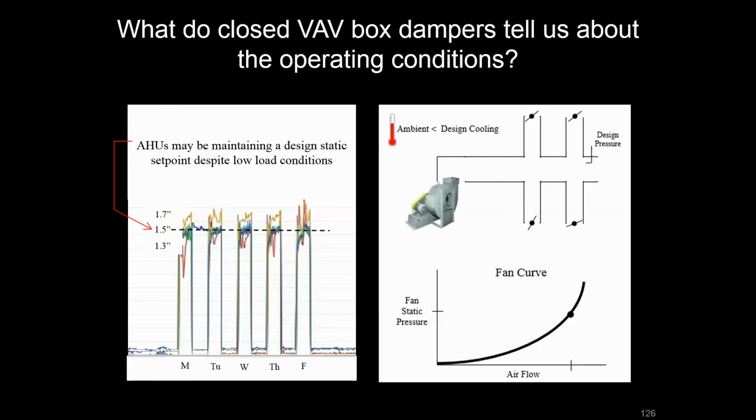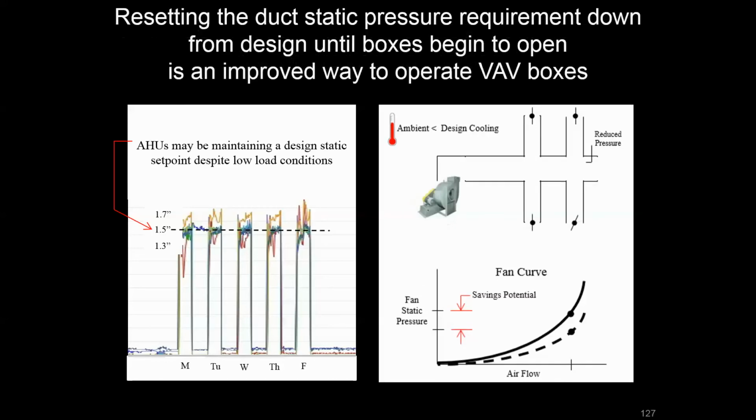And there's a very specific system curve associated with all of that damper position and the pressure drop associated with that. So wouldn't it be nice when we're in that situation where we don't need that design level 1.5 inch of duct static, and we can lower that to say 1.25 inches, or maybe all the way down to 1 inch. And when our boxes tell us we're happy, we can hold that lower duct static pressure set point.